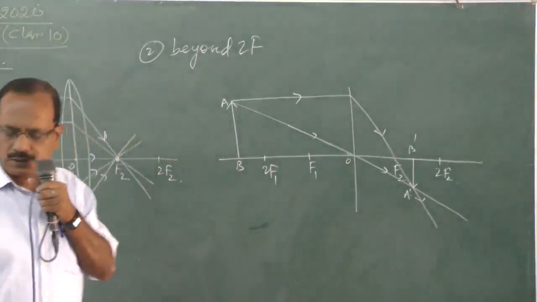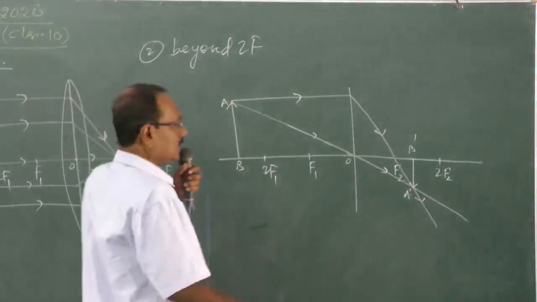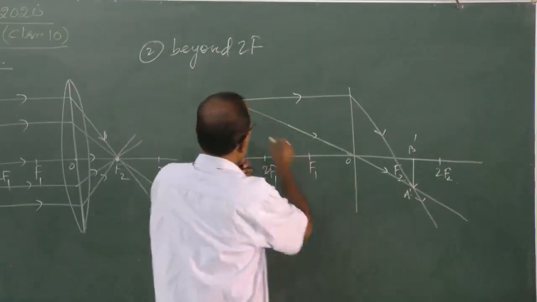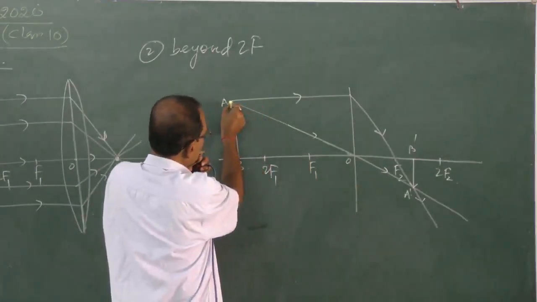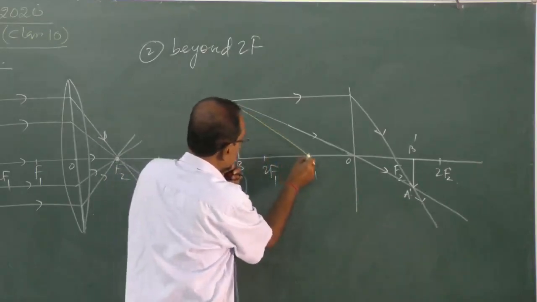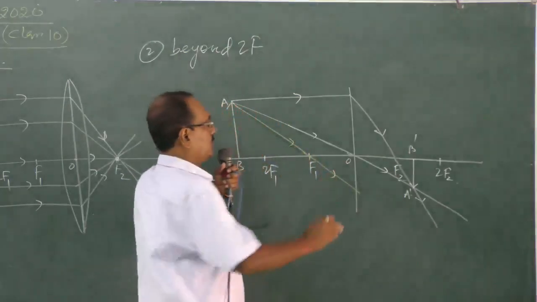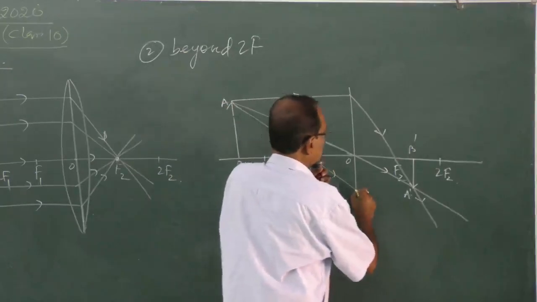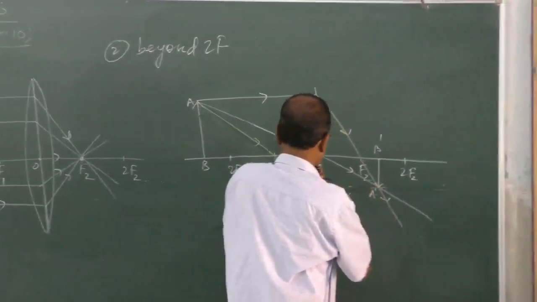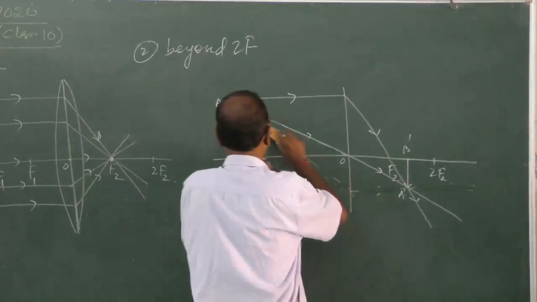You may draw the third ray also, but these two rays are enough. If it is asking for the third ray, then you must do it. Another ray will be considered: a ray will pass through the first focus. After refraction, it becomes parallel to the principal axis.